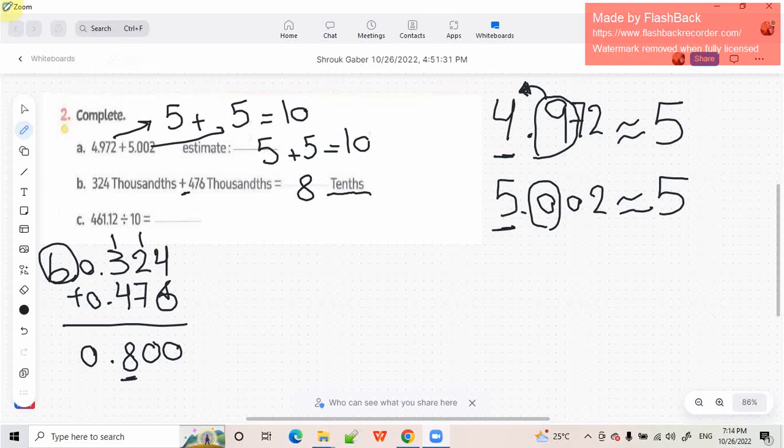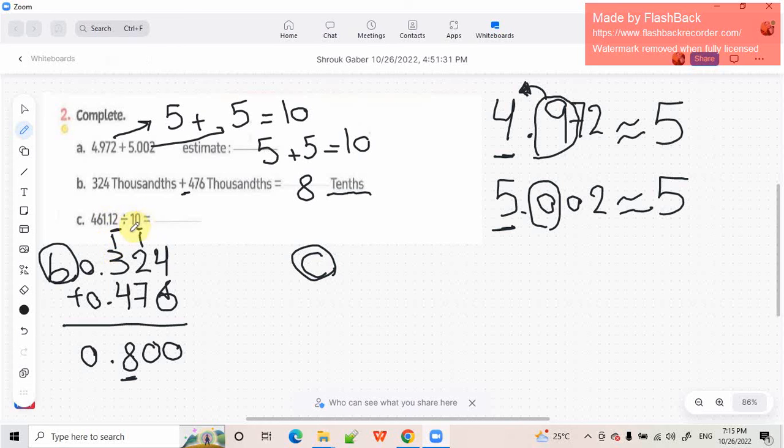Okay, question number C. 461 and 12 hundredths divided by 10. Okay, when we divide, the number decreases. And we know the decimal part is a small part. So how many digits will I take?